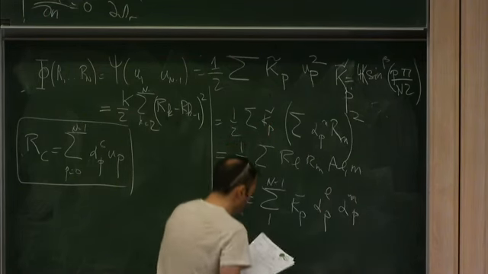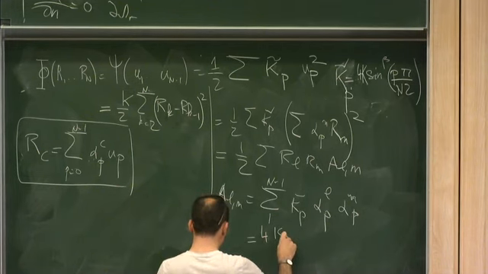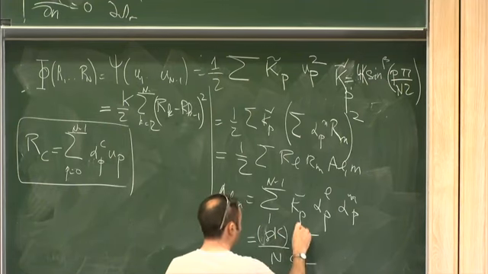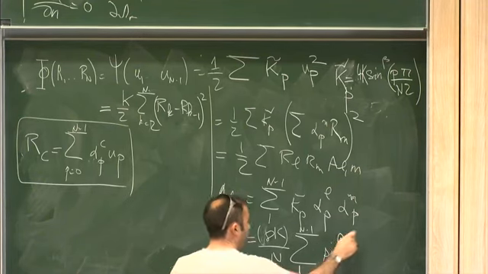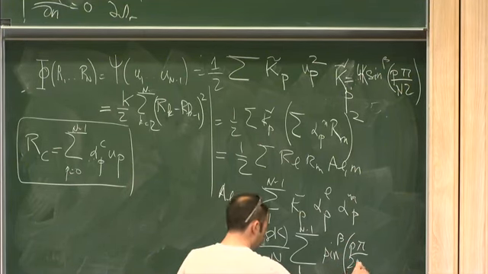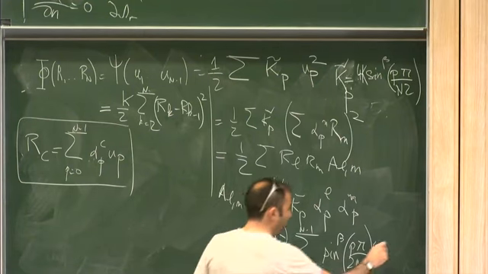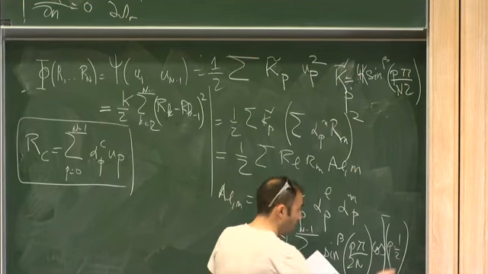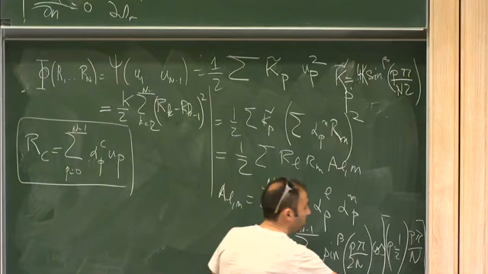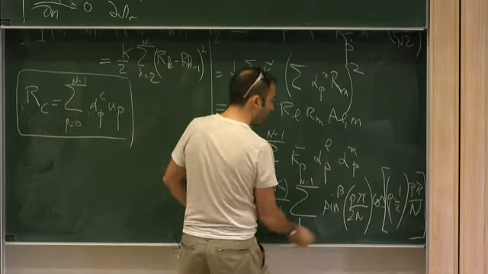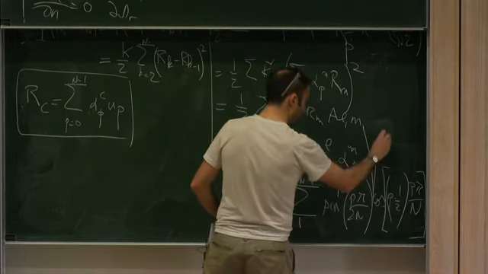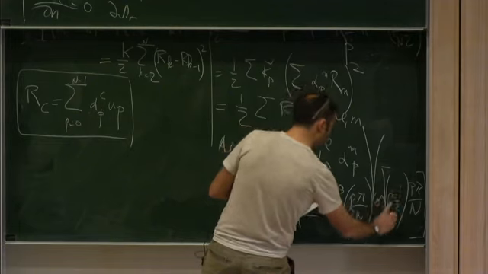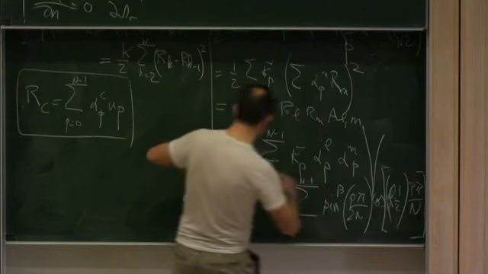So just to show you what you get: 4 kappa, there is 2, so this is 8 divided by n, sum from 1 to n minus 1 of sine to the power beta of p pi divided by 2n, cosine of L minus 1/2 p pi divided by n, and it has to be symmetric, so I have to multiply by the same term, with an M here.